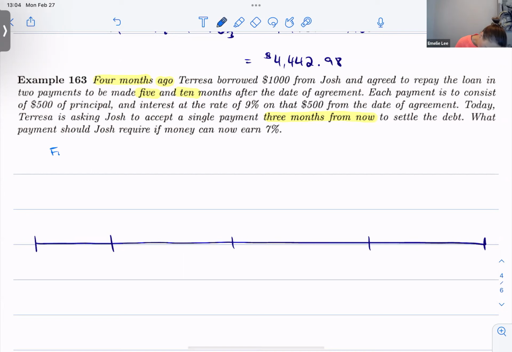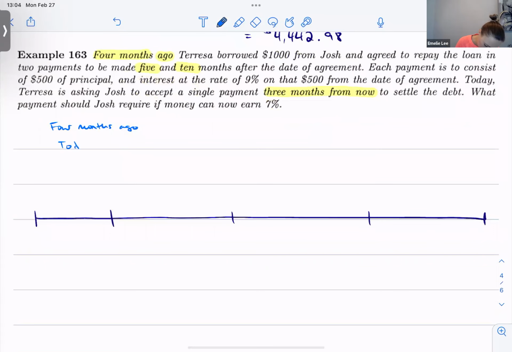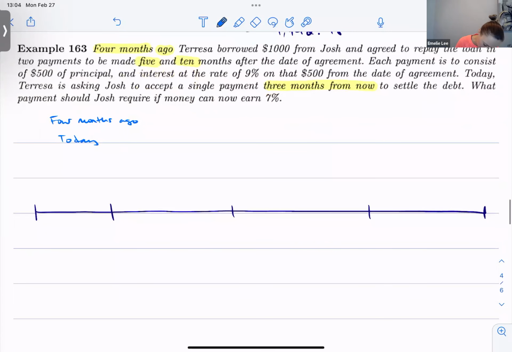So you have 4 months ago, and then you have today, and then you have 5 months after 4 months ago, which is really what? 1 month after today?